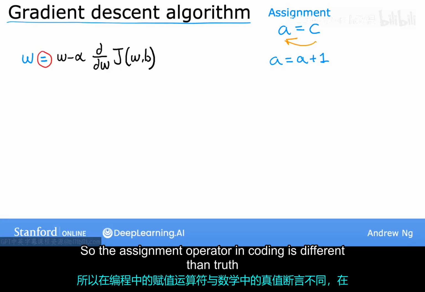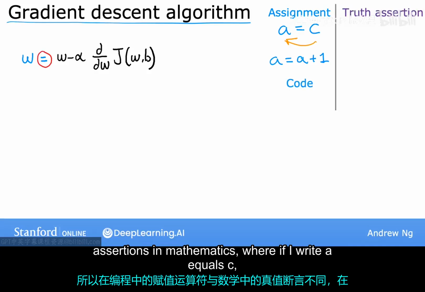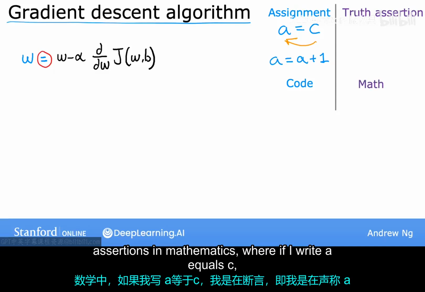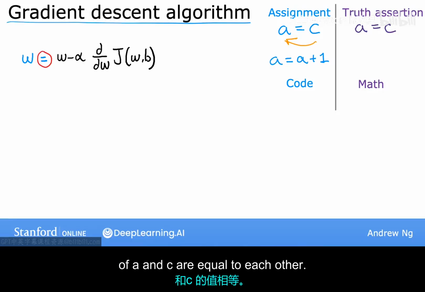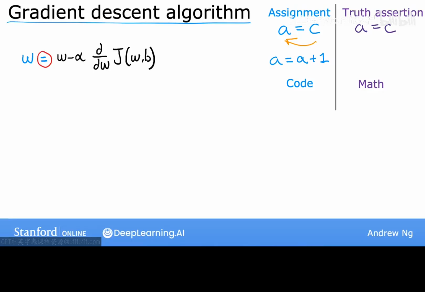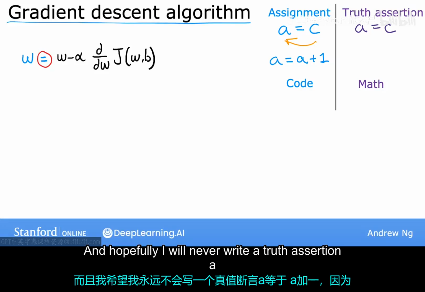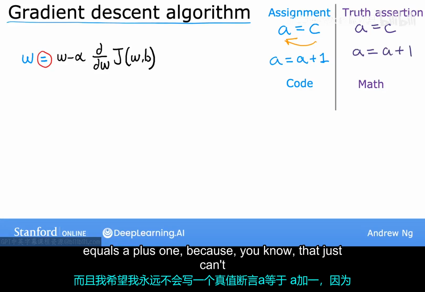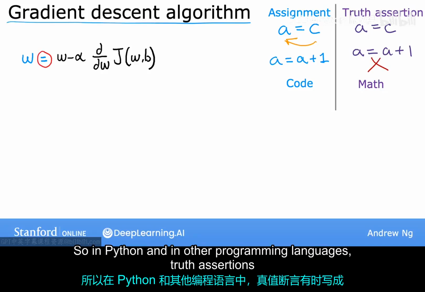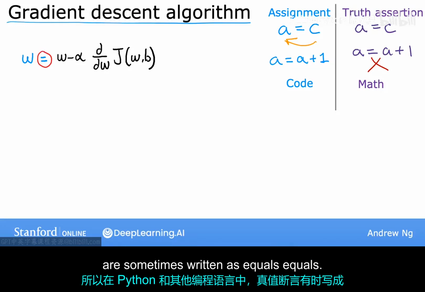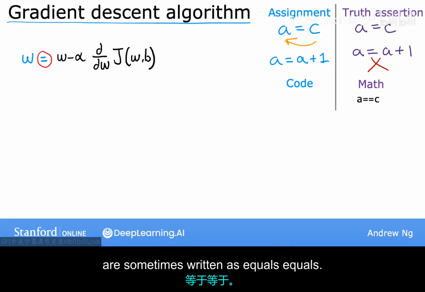So the assignment operator in coding is different than truth assertions in mathematics, where if I write a equals c, I'm asserting, that is, I am claiming that the values of a and c are equal to each other. And hopefully I will never write a truth assertion a equals a plus 1 because that just can't possibly be true. So in Python and in other programming languages, truth assertions are sometimes written as equals equals.